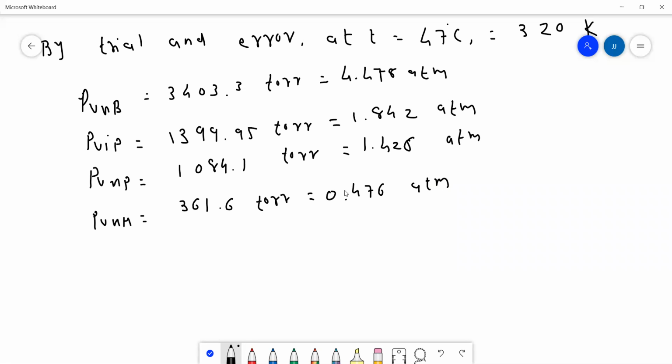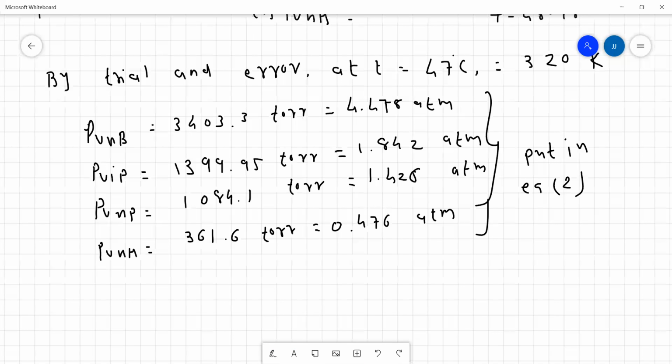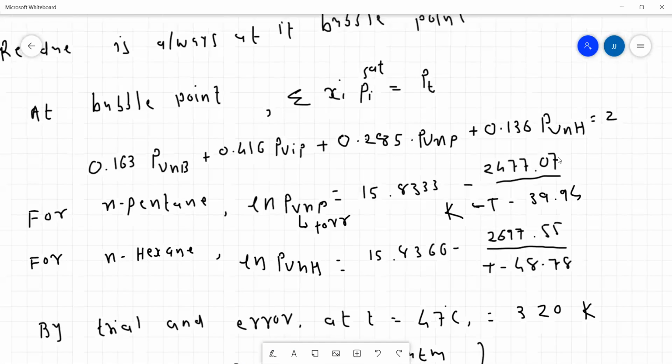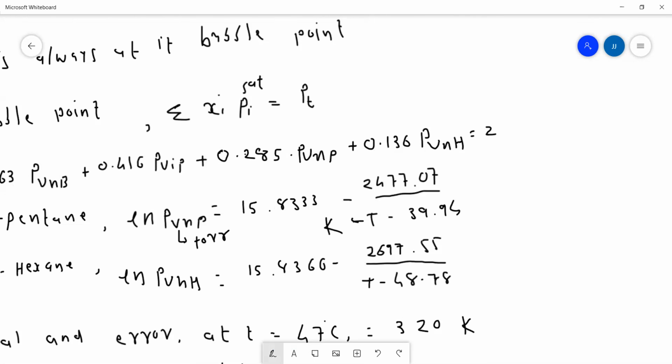So if you substitute in, let's say, equation number 2, put all these vapor pressure values here.